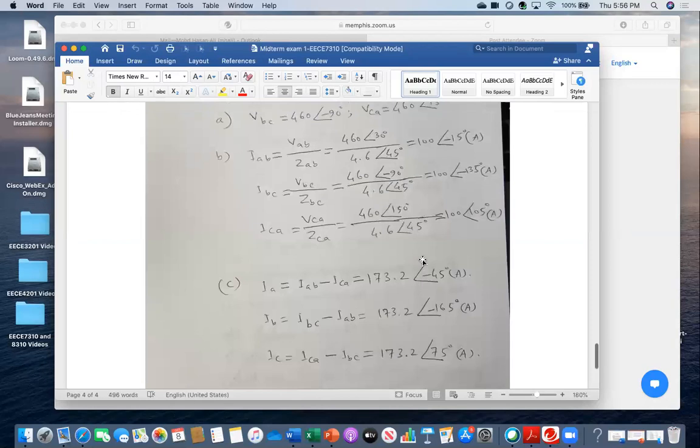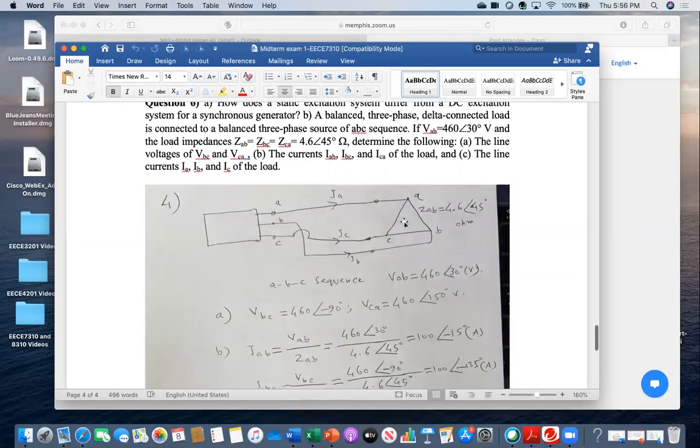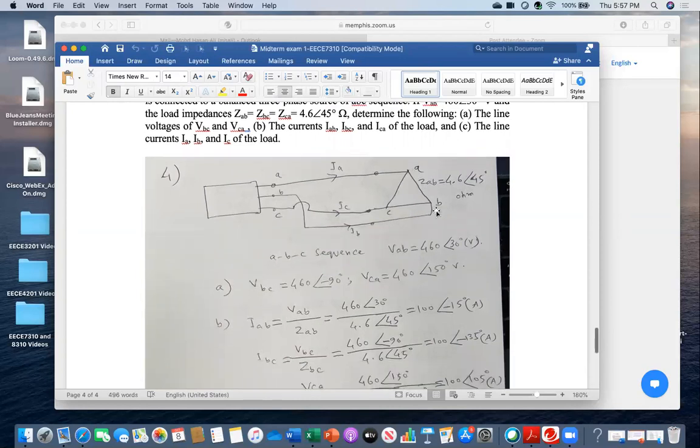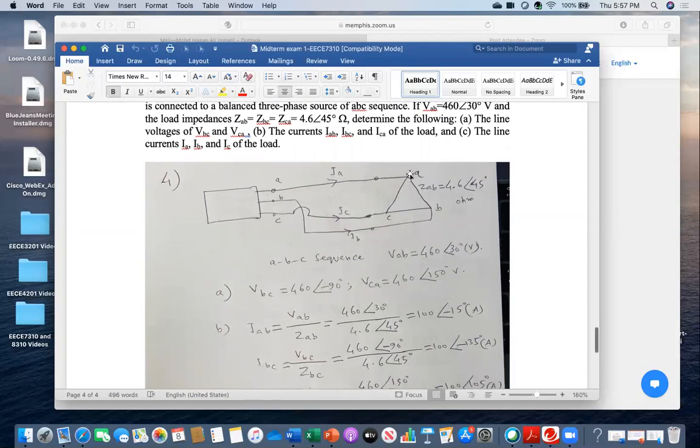So that's what you have to do. Everybody look, this IA current is going there, but then it is divided into two parts. This is IAB that I calculated, but then here it is not IAB, it is ICA, in that direction.